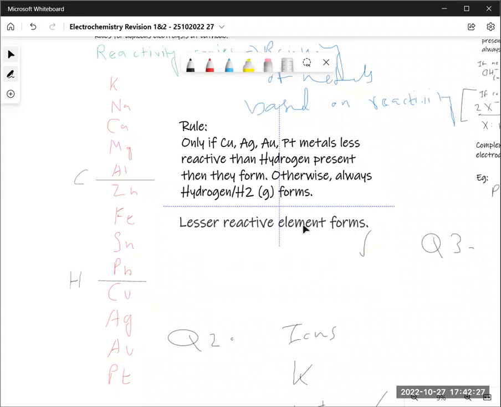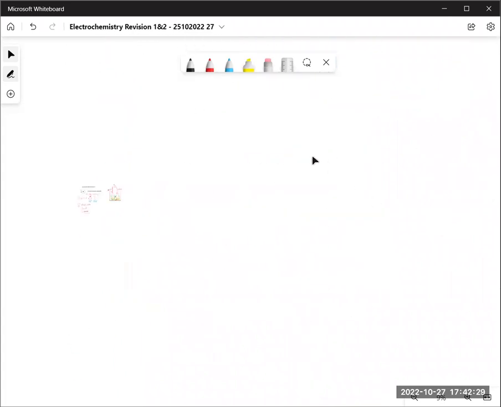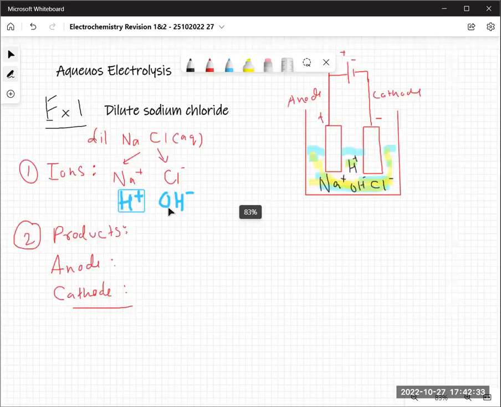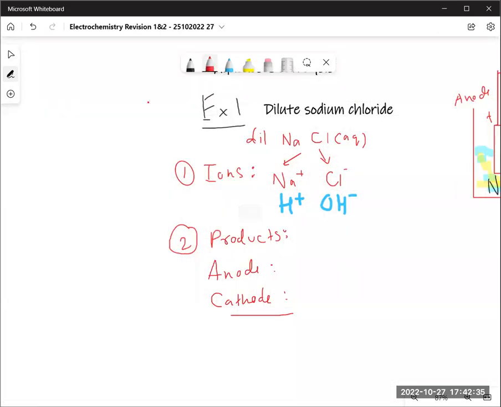So what is lesser reactive than hydrogen? Let's see. Between hydrogen and Na plus, which is lesser reactive? I'll write the reactivity series right here for you. So we have kan kama zaf zaf ka.